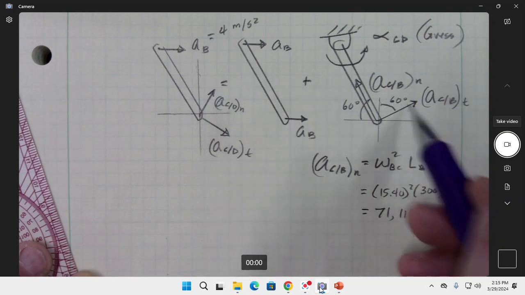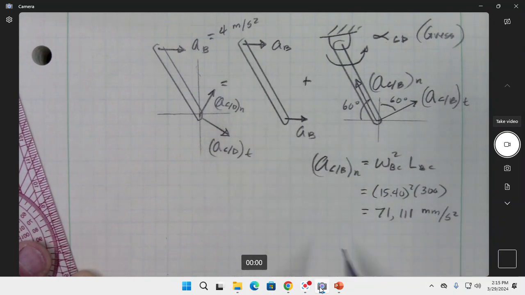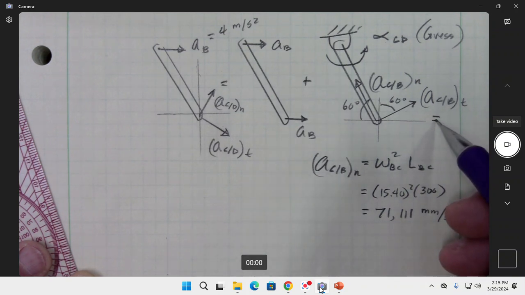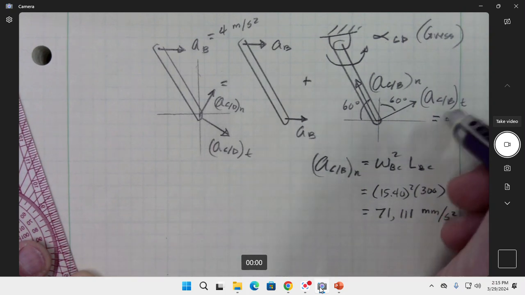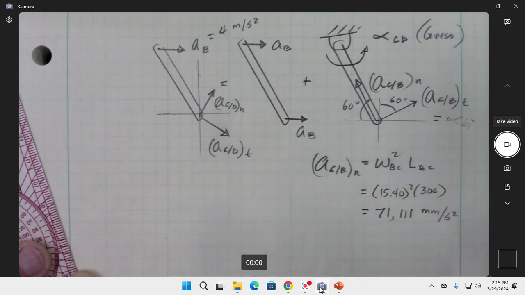It'd be easier to use the 30, but I'm going to stick with what I have. And that is going to be alpha BC times also 300.